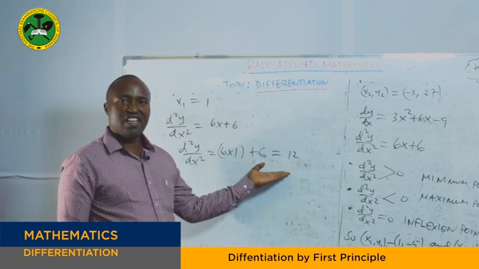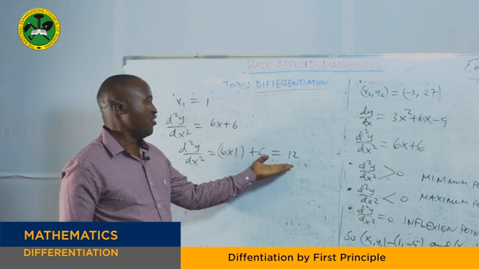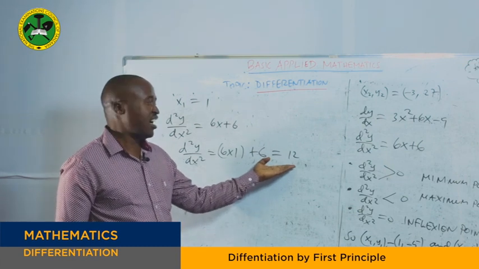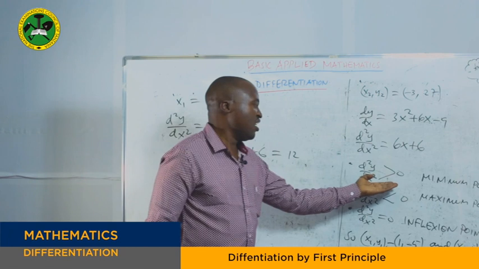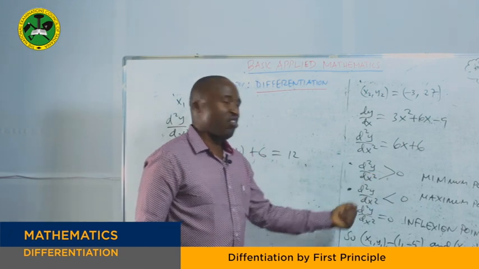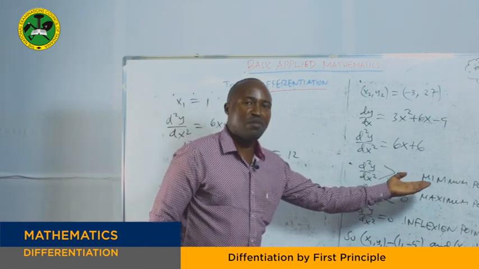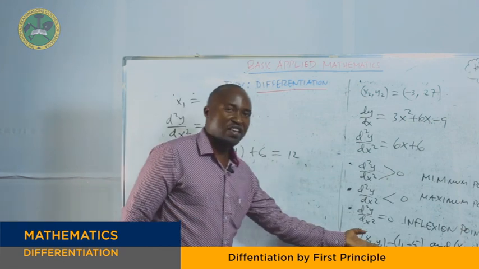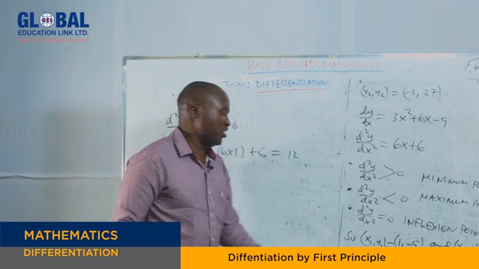Now this 12 is positive, greater than 0, so we have the minimum point. That means point number 1 is a minimum point.